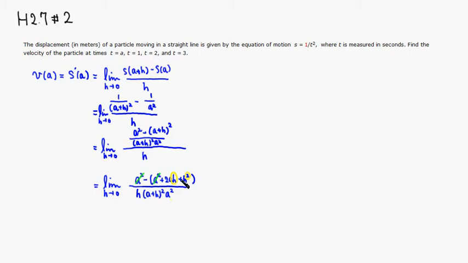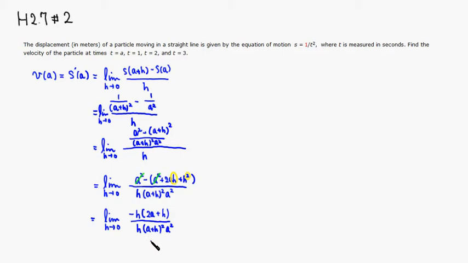So this is going to be the limit as h approaches 0. What's left is, I'm going to pull out the negative sign and also h, so what's left is 2a from here plus h, over h times (a plus h) squared times a squared.